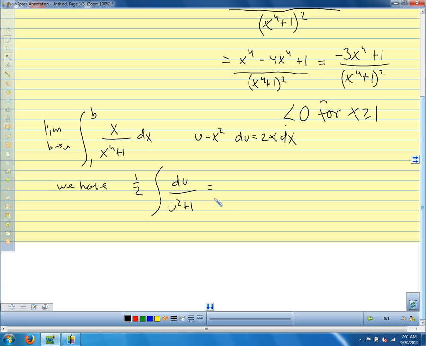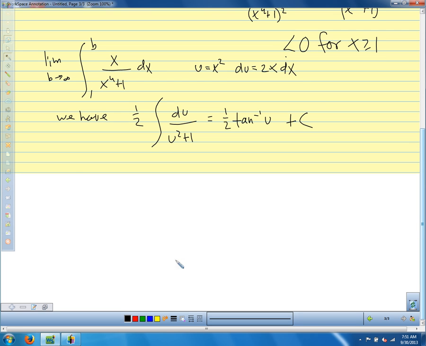The integral of du over u squared plus 1, anybody remember? This one comes up a lot. It has to do with inverse tangent. So this is an inverse tangent integral. You would get to the same place with partial fractions, but I think partial fractions would be a little uglier because you have this x to the fourth.